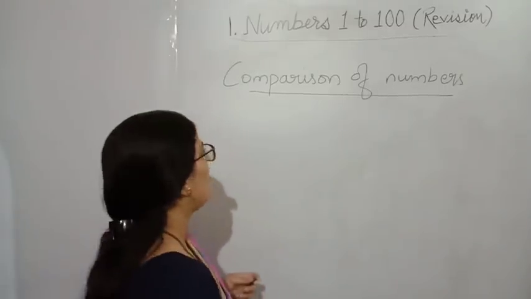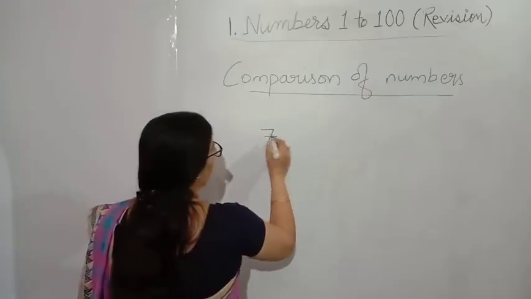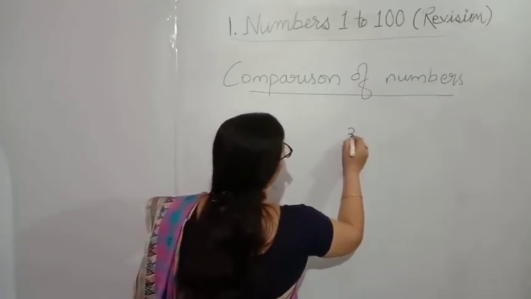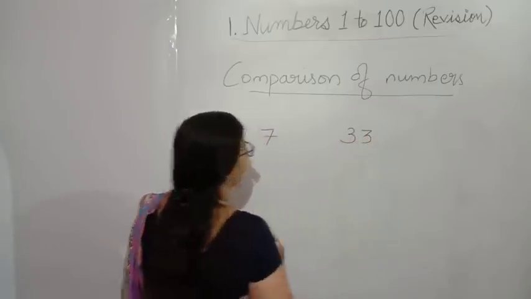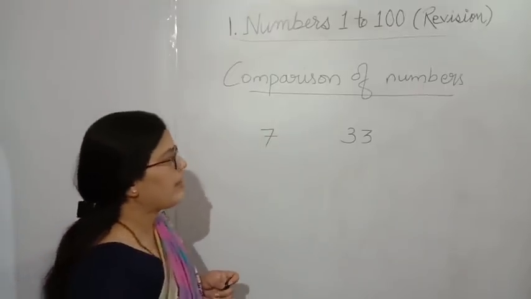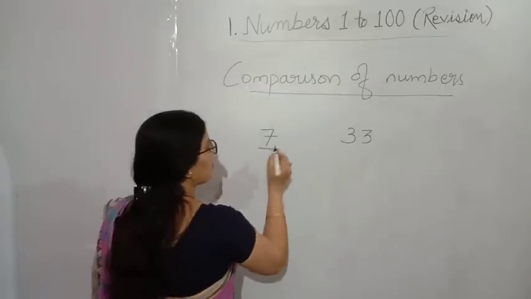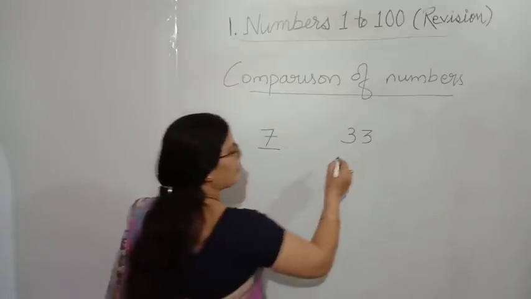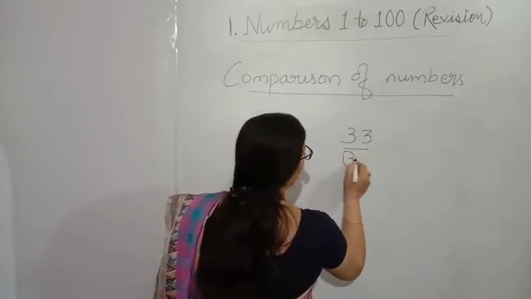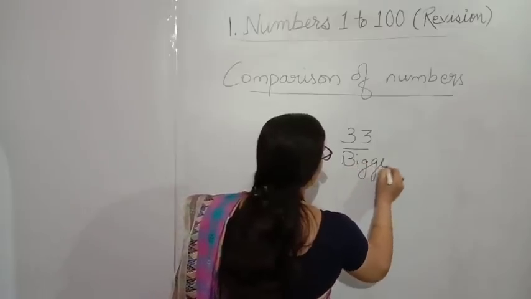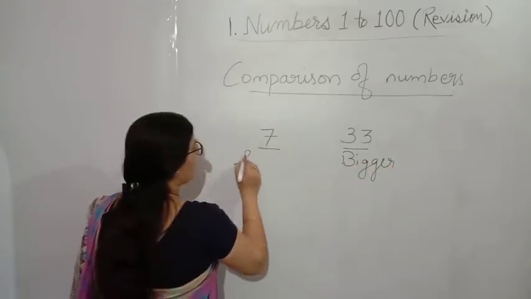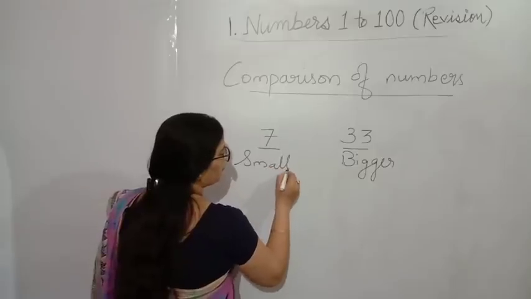Now suppose I write these two numbers, 7 and 33. Can you tell which number is greater and which number is smaller? 7 is the smaller number and 33 is the bigger number.